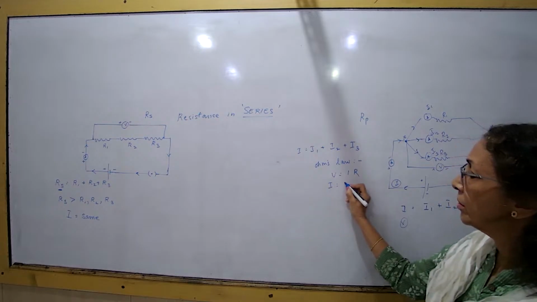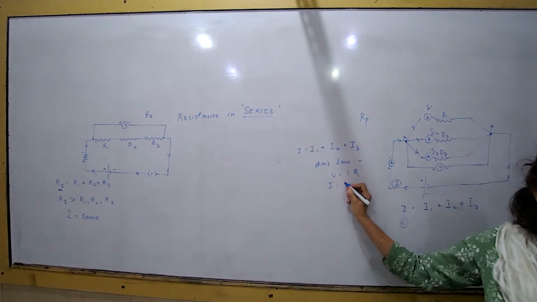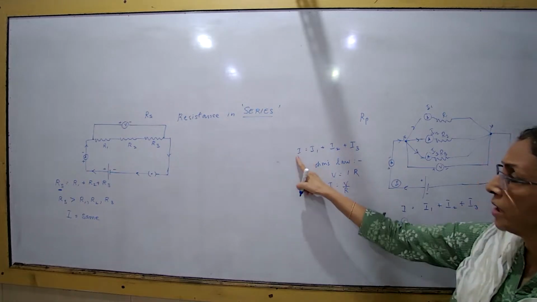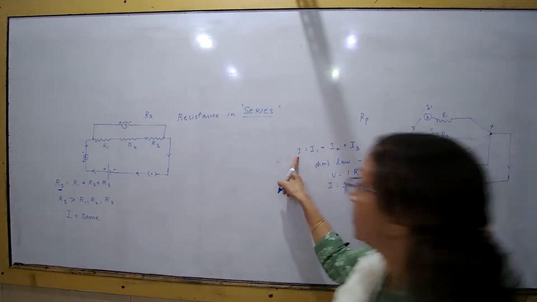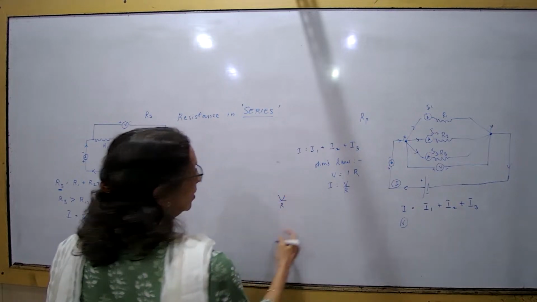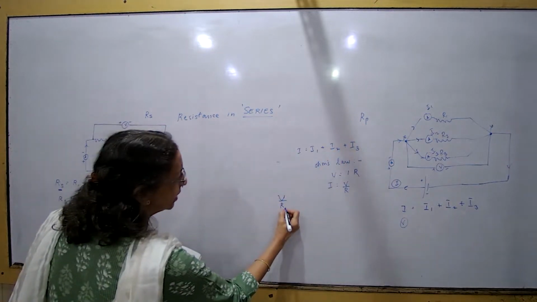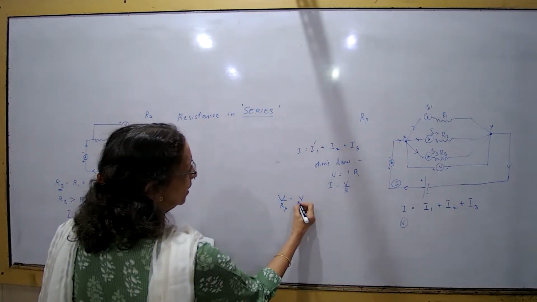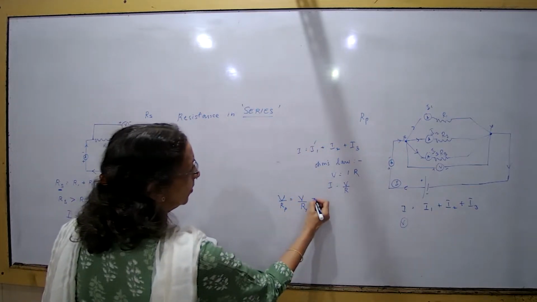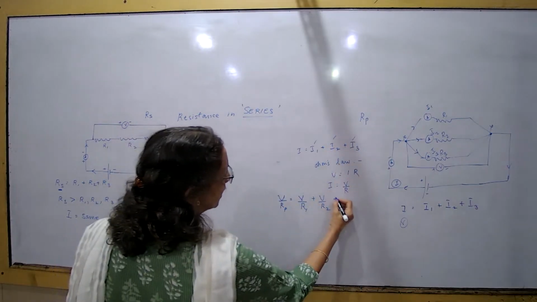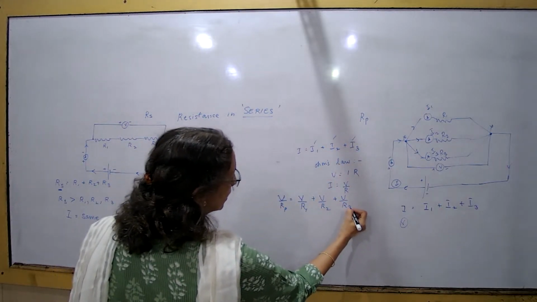I is equal to V by R. So I'm going to substitute here. Since we are talking about parallel, I put it as IP, which is equal to V upon R1 plus V upon R2, and here I write V upon R3.